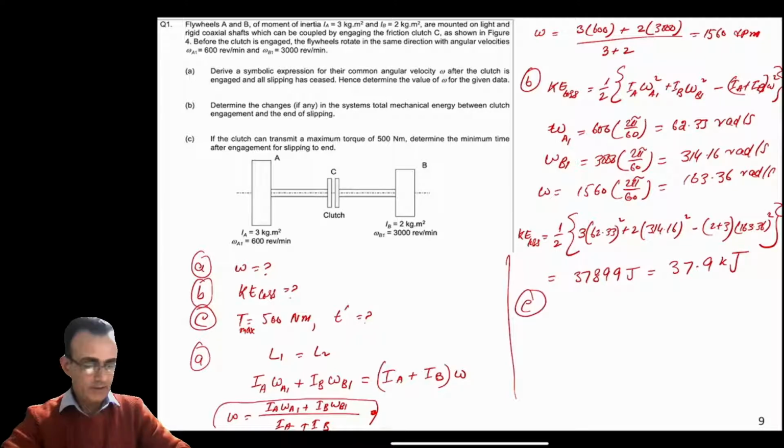Okay, and finally what you need to calculate is this T dash. So determine the minimum time after engagement for slippage to end.